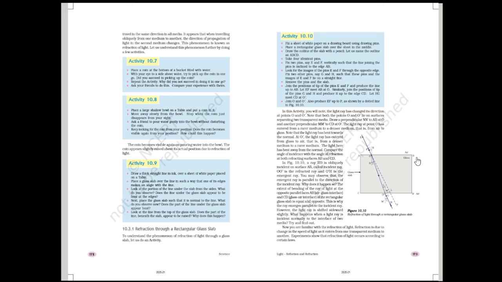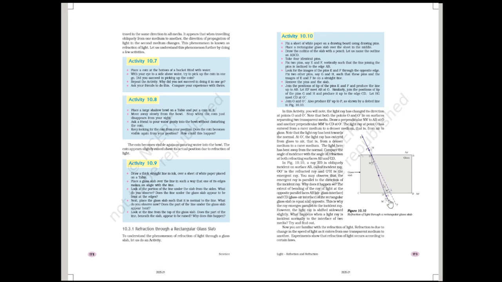Okay, the outside is air, this is glass, and this is also air. So light comes and bends towards the normal, and when it comes out of the refracting surface it goes away from the normal.